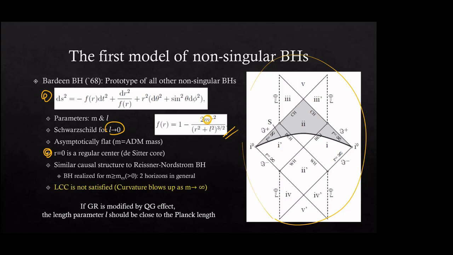So if we consider the large mass limit, the metric function blows up. So it means that the curvature blows up indefinitely. And the parameter l, the length parameter, should be close to the Planck length if gravity is modified by the quantum effect, a quantum gravity effect. Okay, so this is a prototype of all other non-singular black holes, the Bardeen black hole.